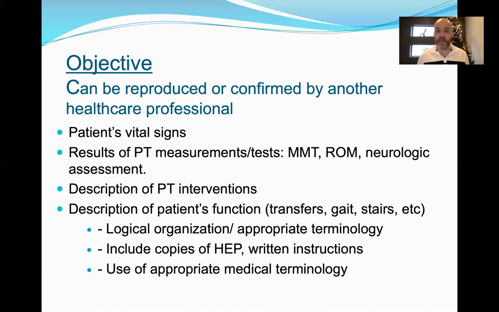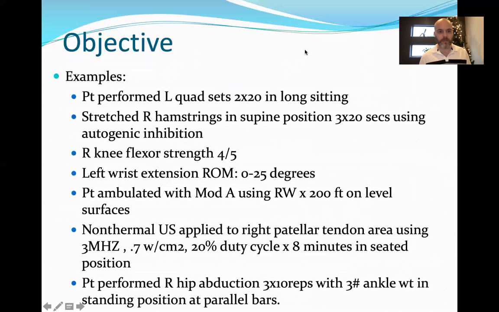Objective: anything that we do or that can be done by another healthcare provider. So any measurements, any interventions, exercises, anything we did, anything we prescribed to the patient. Here's some examples.